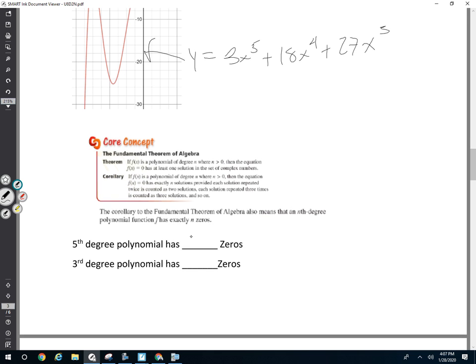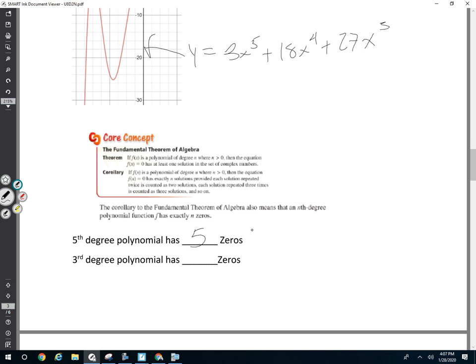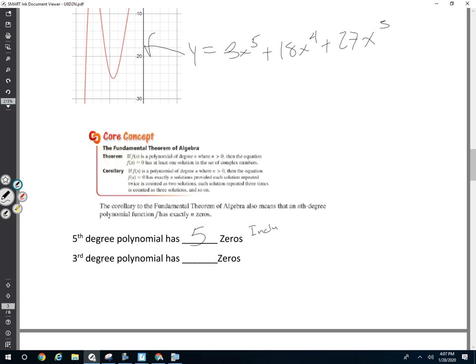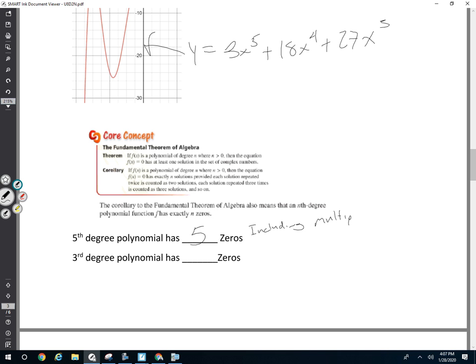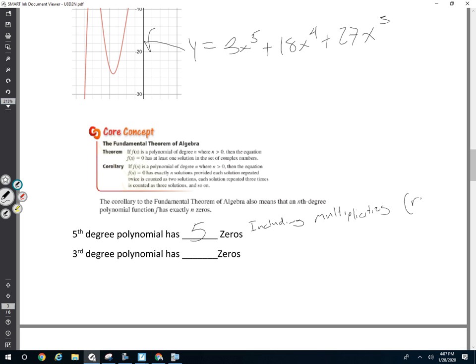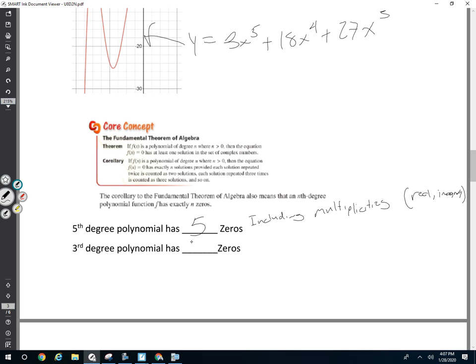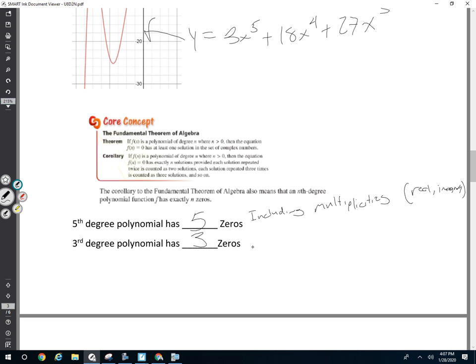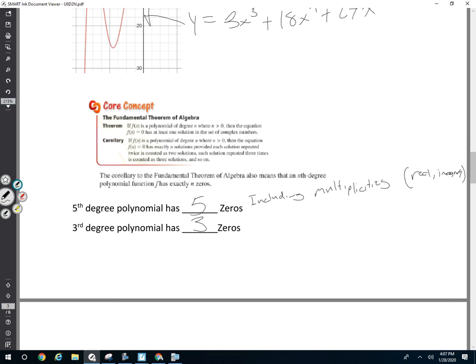A fifth degree polynomial will have 5 zeros, including the multiplicities. Now the zeros could be real or imaginary, and we will get into imaginary solutions in later classes in this unit. A third degree polynomial is going to have 3 zeros, including your multiplicities and including real and imaginary solutions.